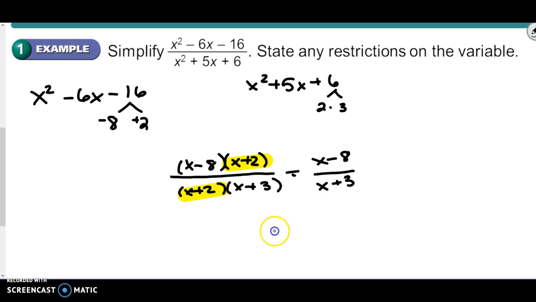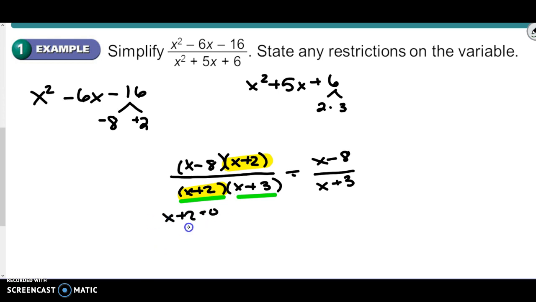Okay. So now you want to go ahead and take a look at your denominators. And any expression that is in the denominator, you have to set equal to 0, and that would be your restriction. So we have x plus 2 equals 0.